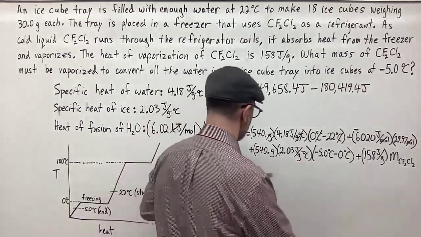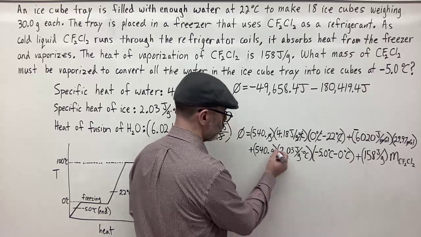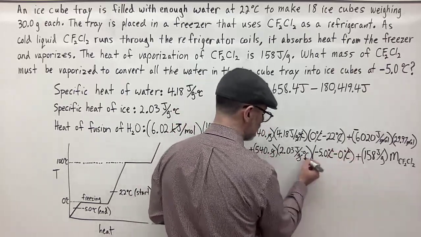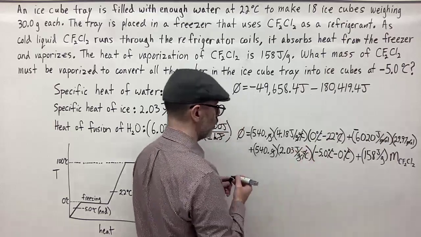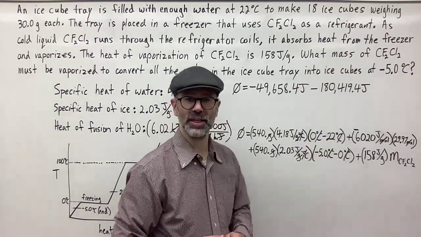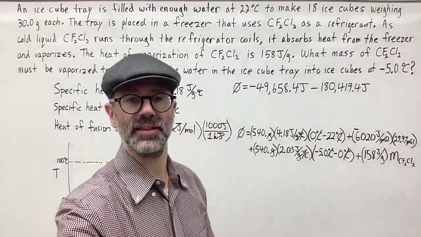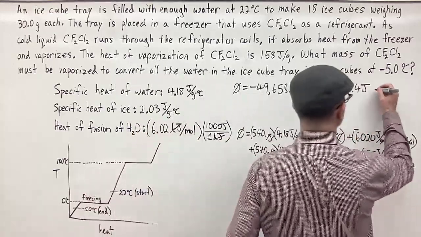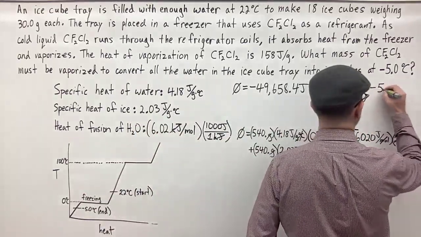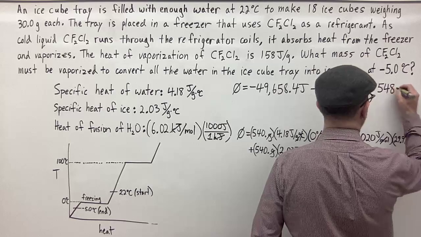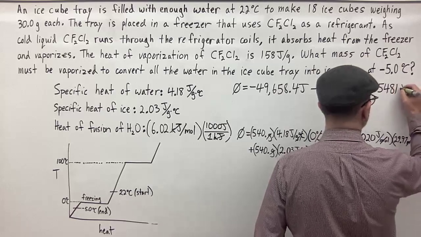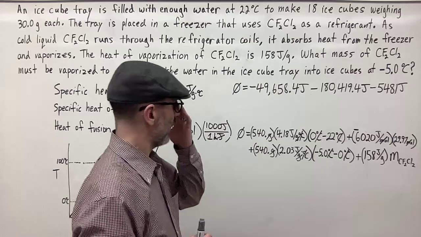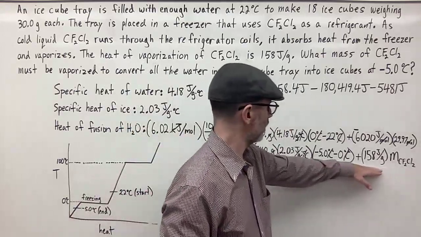So I'm going to, again, cancel out the units. Grams cancels out, the degrees Celsius cancels out, leaving me with joules. So when I calculate this, I get -5481 joules of energy. And finally, I have this here.